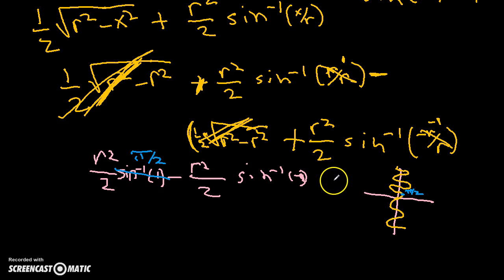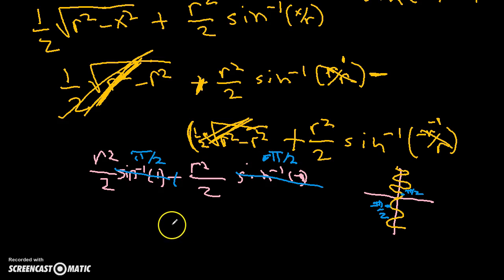And now what's the inverse sine of -1? Okay, so let's move down to -1, and over here that is negative pi over 2. Okay, now let's cross this out. So now we have negative pi over 2, and now these negatives cancel out.